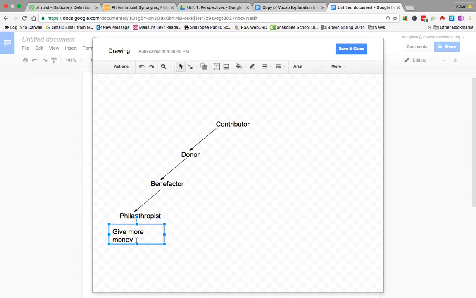It could be gives more money, maybe something of more value. Organs save people's lives. They're of great value. Or more money.